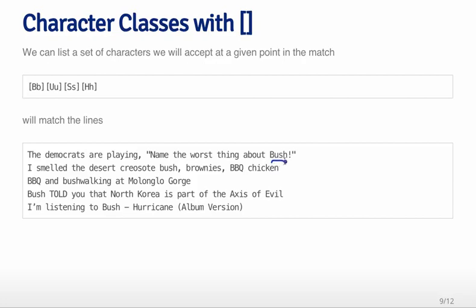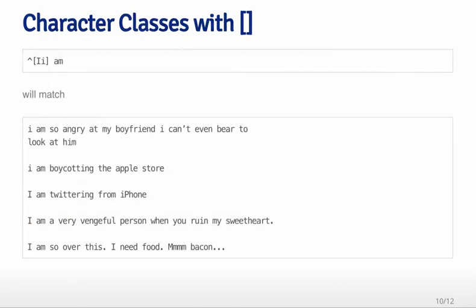This version has a capital B, this version has all lowercase letters, and here we have other uppercase variants. It will match any of those because it matches both lowercase and uppercase at every possible letter.